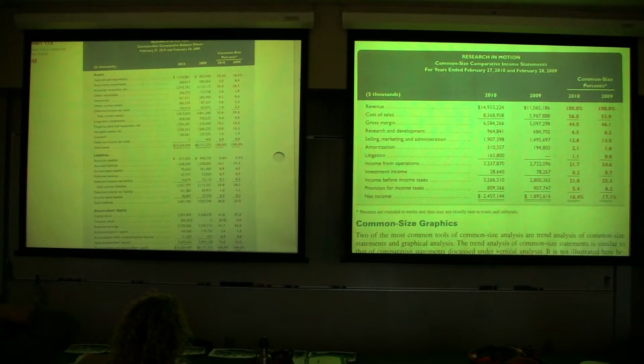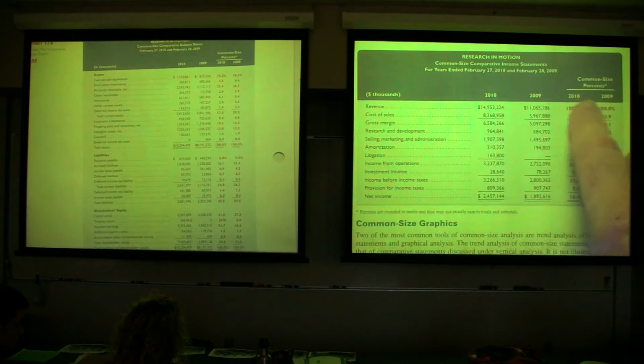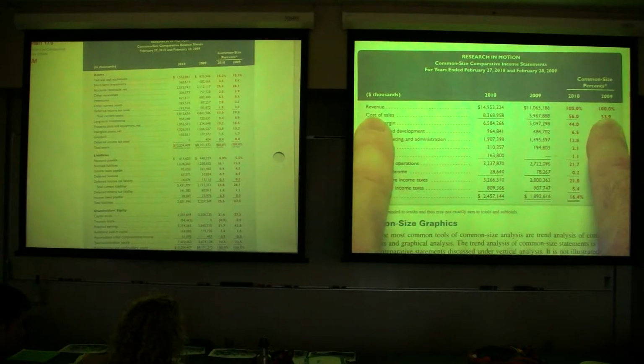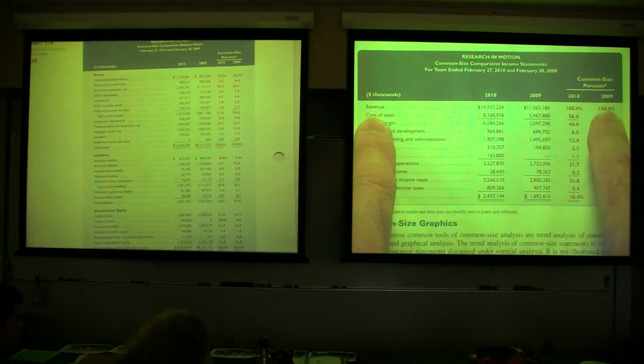Yeah. So you're saying in this scenario, then, if you wanted to compare gross margin to cost of goods sold, that's what you'd be comparing on a vertical analysis? No, what this is saying is that in 2009, your cost of sales, which is the same as cost of goods sold, was 53.9% of revenue.